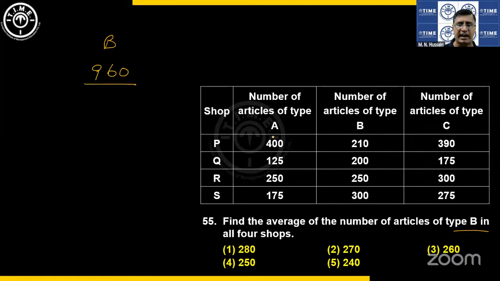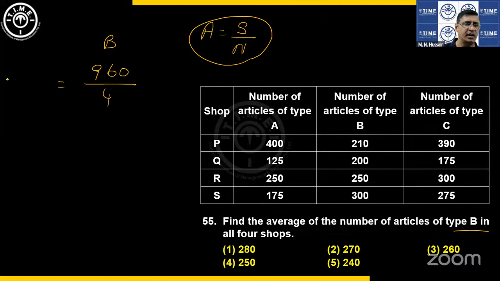Now what to find? Average. Average is equal to sum of the observations by number of observations. The number of observations is 4. Simplify. Here 24 4 times, that is 96. 0 common. So the result is 240. So what is the answer choice? Option 5. Fifth choice is the right option.